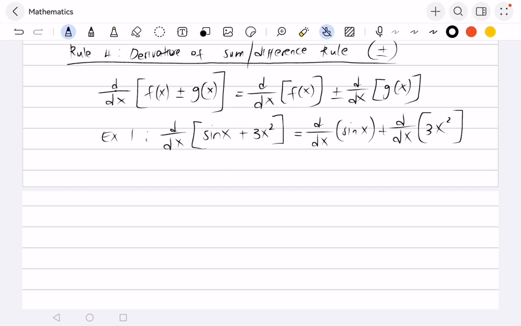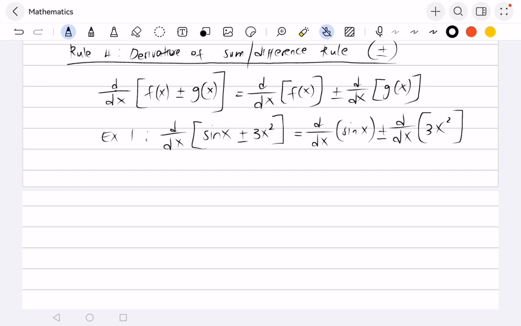And obviously you're going to solve this derivative, and then add it with this derivative over here. This is the sum or difference rule, and you can add a minus here. So it's still applicable. Whether it's a plus or minus, it doesn't matter. The same rule applies.